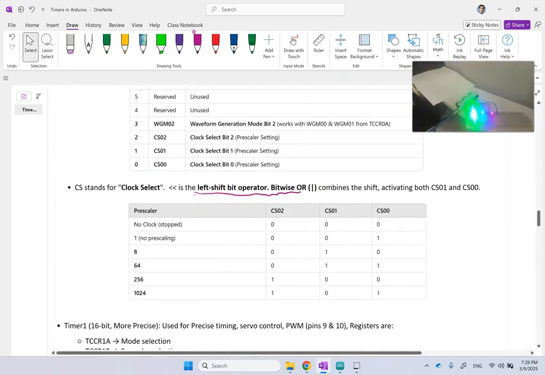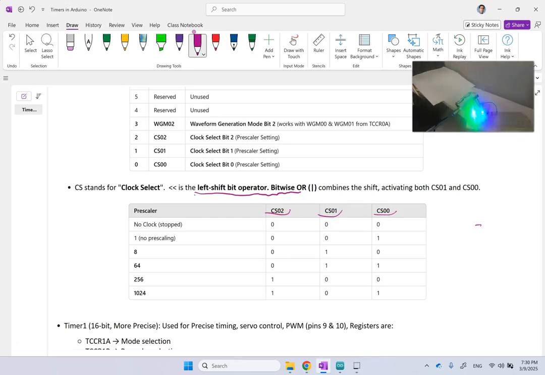Look. So this one really has these first 3 bits, and these first 3 bits determine the prescaler. So if all 3 of them are 0, then there is no clock at all. You are not even using it. If you use the first one 1, the other 2 0, then there is no prescaling.